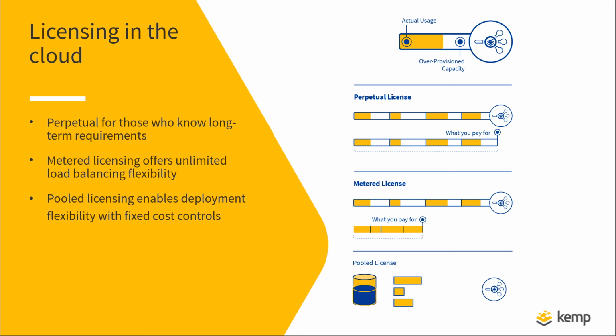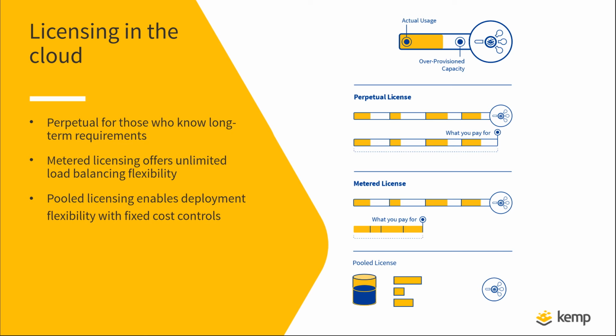And if you want an in-between model of this cool concept of metered licensing, only paying for what you use, and the perpetual license where you just pay for it and you're done, we have a concept called pooled licensing. Pooled licensing means I buy a certain amount of capacity, but now I can slice that capacity up as I want. So I can buy 10 gigs of load balancing capacity total, 10 gigabits per second.